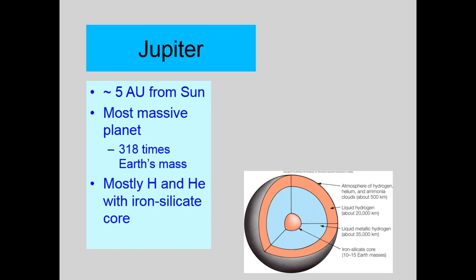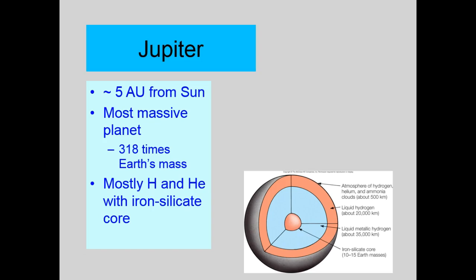Now, notice how thick these things are. They say how much mass is in here, but they say this is 35,000 kilometers thick. That's huge. Let's see. I'm just going to get, if I can quickly here, sorry.